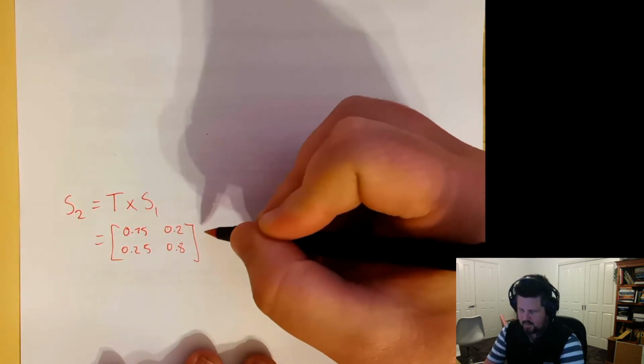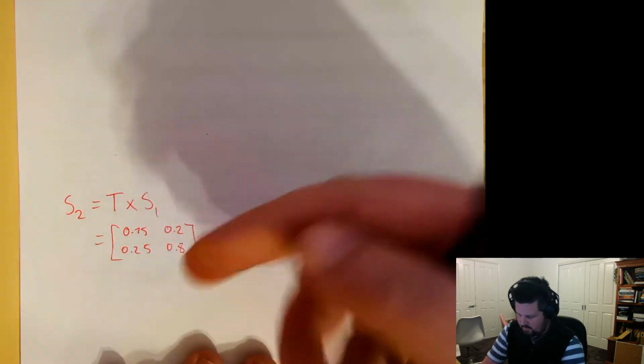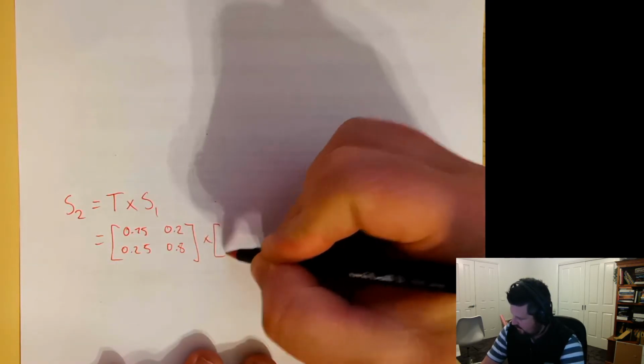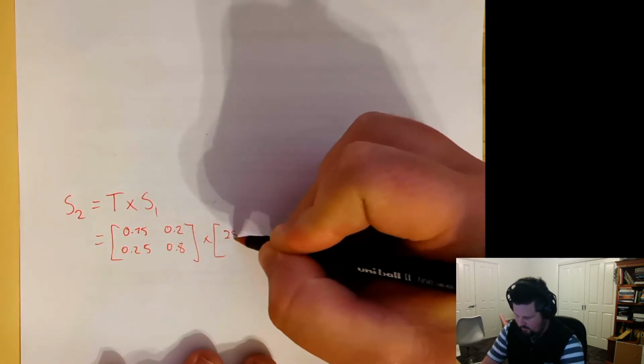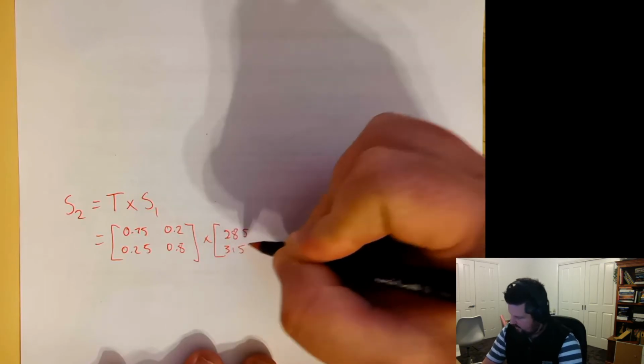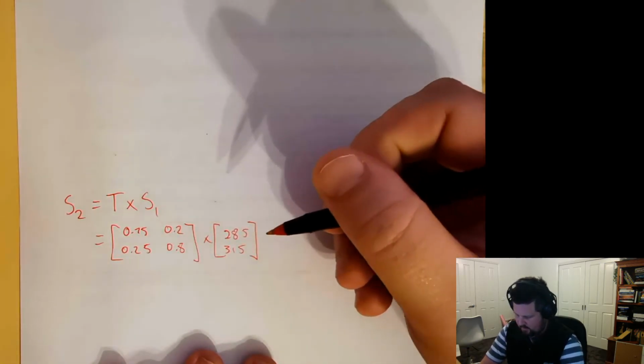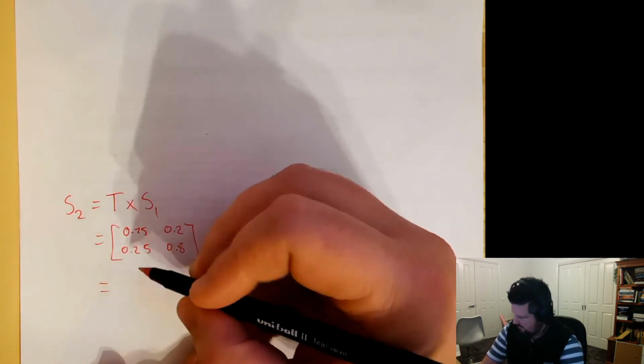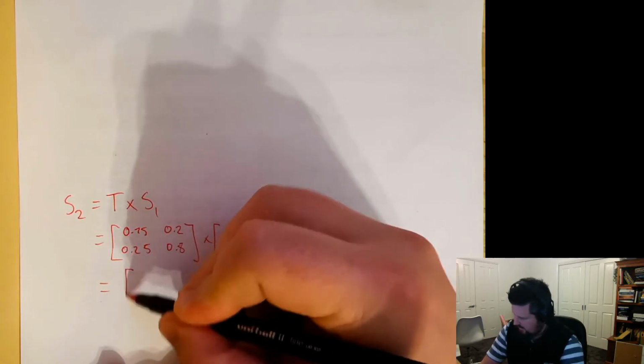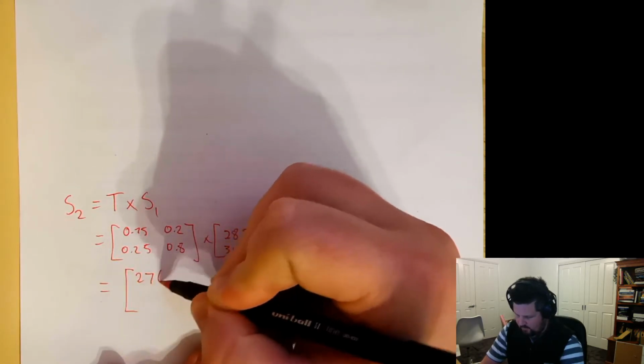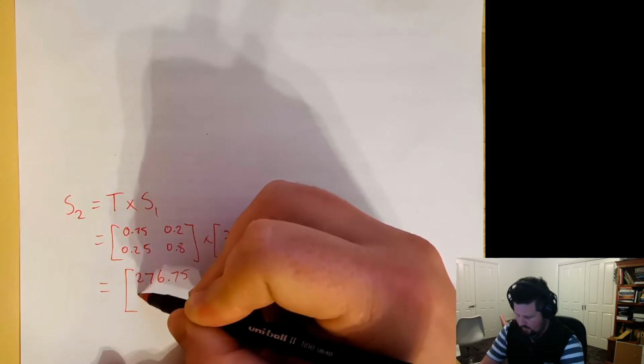State 1 we worked out just a minute ago: 285 and 315. Running this calculation, we get 276.75 and 323.25.